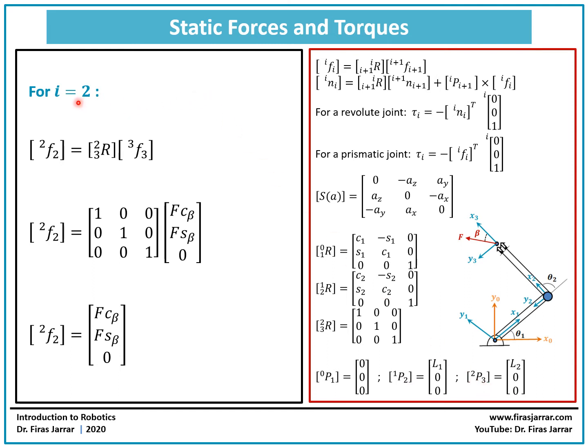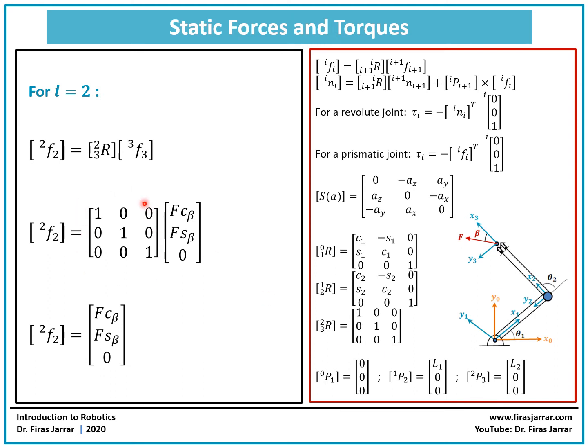So we're going to start with i equal 2, where 2 now is the maximum number of joints we have in this example. So if you substitute for i = 2 here, it becomes F2, R 3 to 2, and F3. So we will get R 3 to 2 from the extracted matrix that we extracted before from the transformation matrix. So this is the identity matrix.